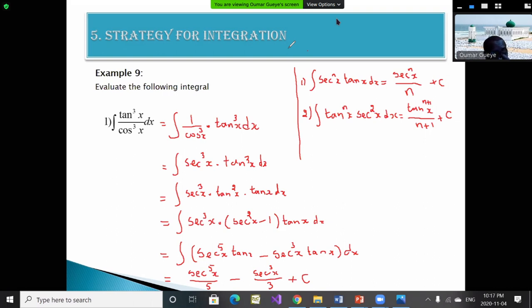And when you get your solution in terms of u, you substitute back. Any question? So we just apply number 1, when n equal to 5 and when n equal to 3.